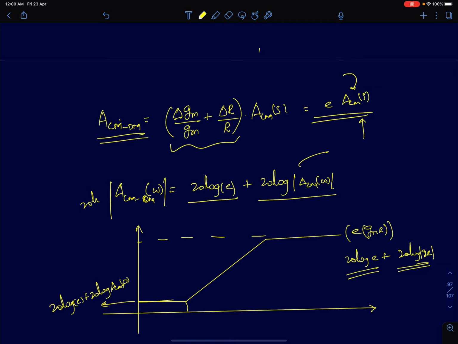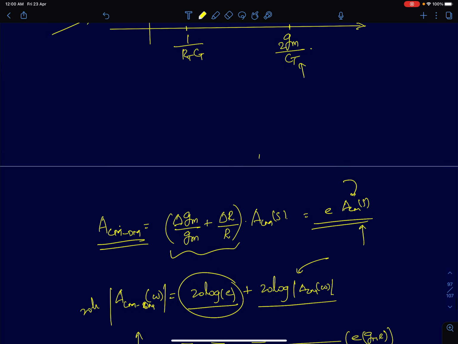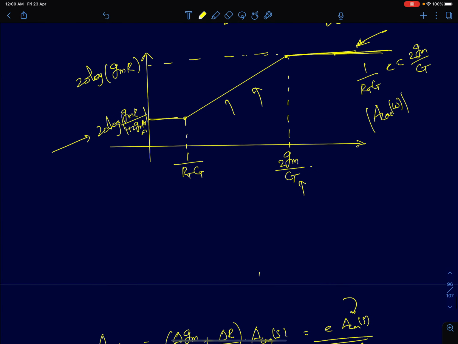So for the Bode plot or the frequency response of common mode, we are going to add a term 20 log E. Whatever graph we had here, this is the frequency response of the common mode gain. All you need to do is add plus 20 log of E. Now 20 log mod E here, since mod E is always less than 1, 20 log of this term will always be negative.